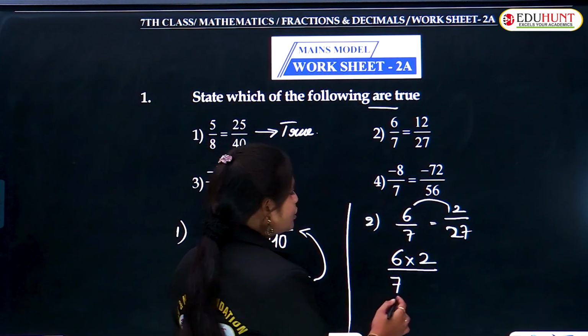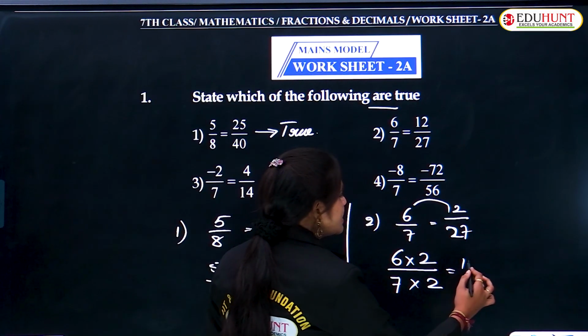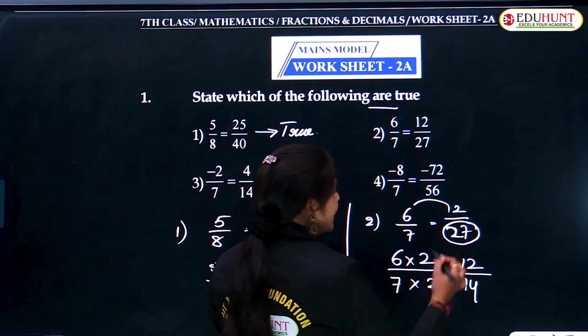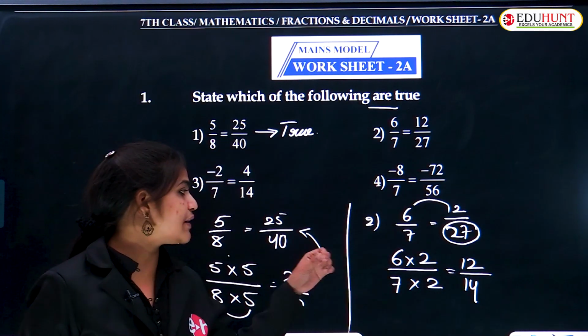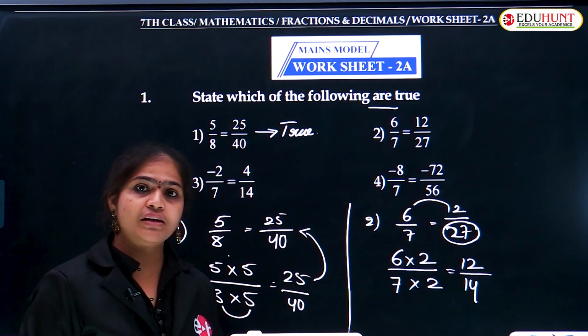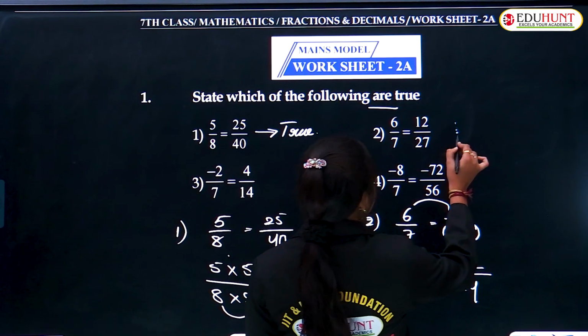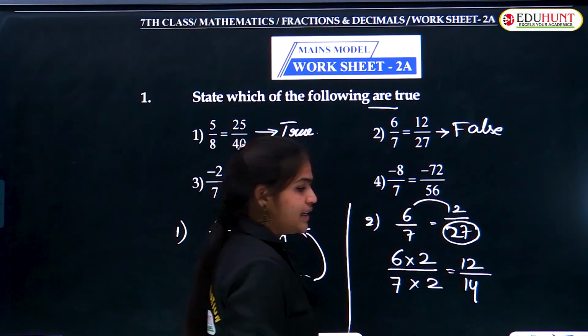By the same number we multiplied the numerator, we should multiply the denominator too. 6 into 2 is 12, 7 twos are 14, but here we got 27. The actual answer is 12 by 14, which is the equivalent fraction of 6 by 7, but here we got 12 by 27. That's why it is false. This is a false statement.